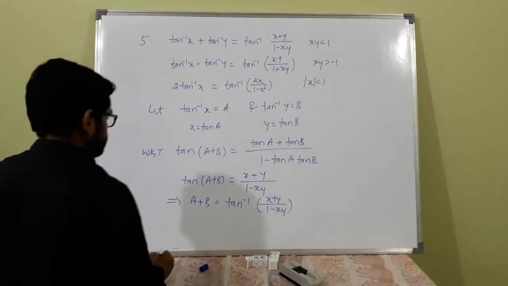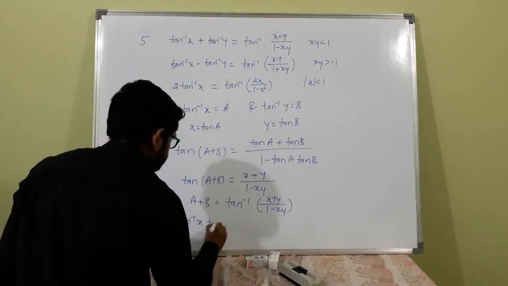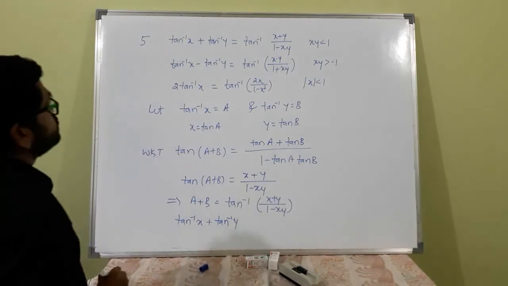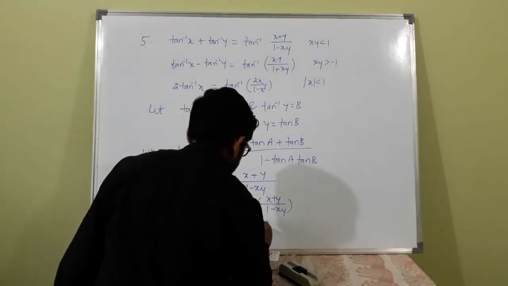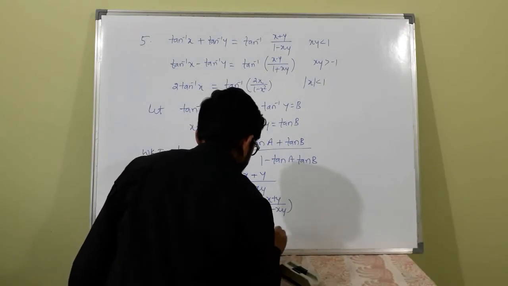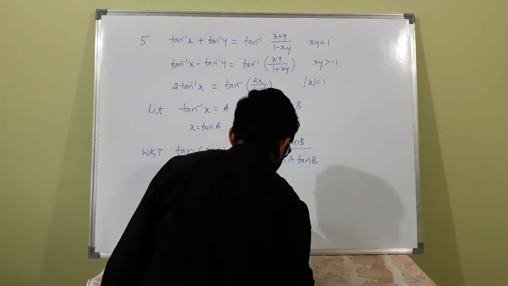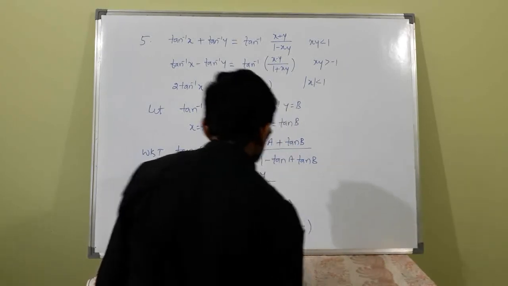What is a? Tan inverse of x. What is b? Tan inverse of y. So tan inverse of x plus tan inverse of y is equal to tan inverse of (x plus y) divided by (1 minus xy).